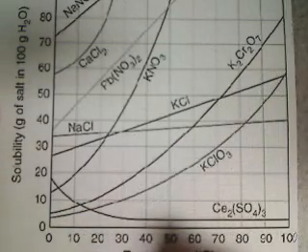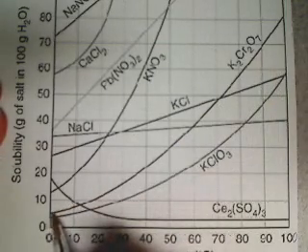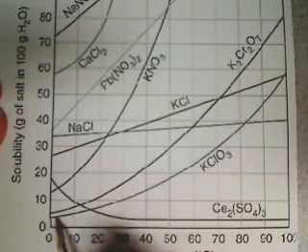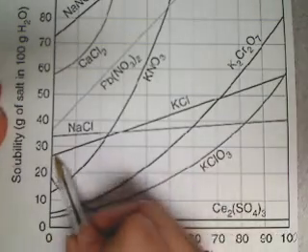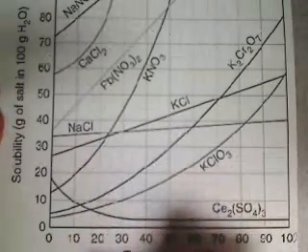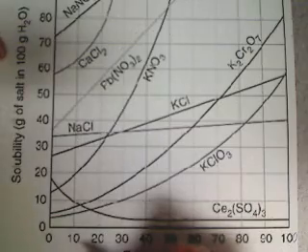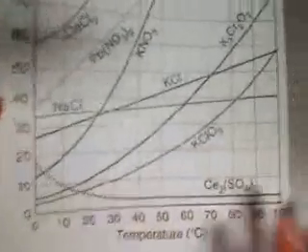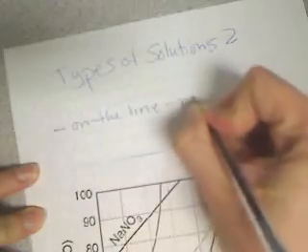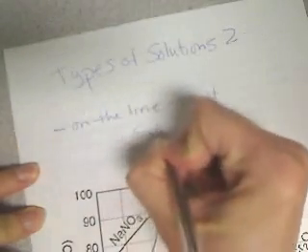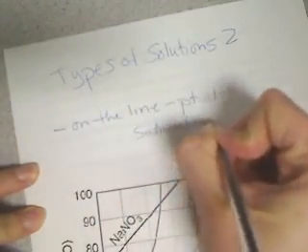So here's a couple of things you need to know. Every time you see one of these lines, the line is the line of saturation. If it's on the line, this is the point of saturation.